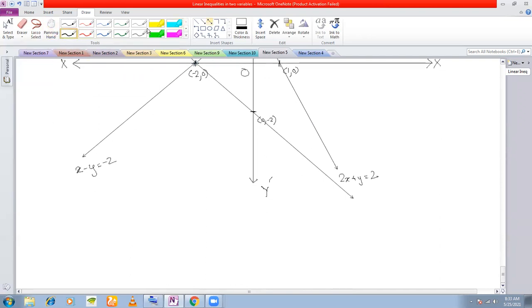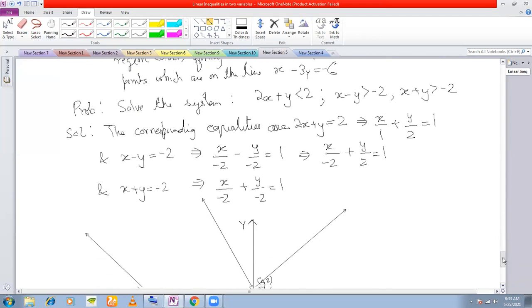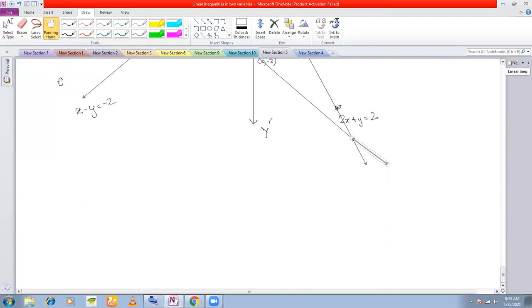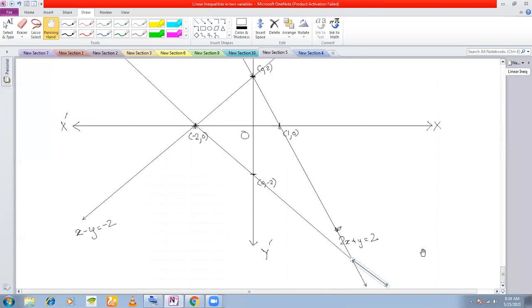So let us just extend the straight lines so that they intersect. Okay, so now we shall see. Consider the first one. Consider 2x plus y less than 2. Let's label the straight line also. What is the straight line? x plus y is equal to -2.